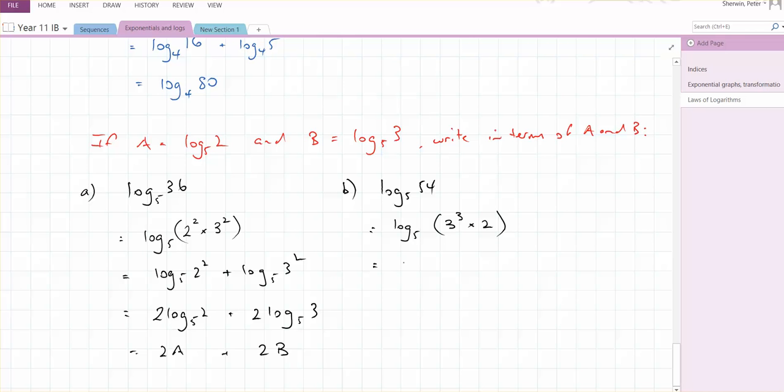That way we're utilising the 3 and the 2, so we can now split it up like so. I can then plug the left side here, so it's 3 log 3 plus log 2. Now log 3 is b, so that's 3b, and log 2 is a, so I've got 3b plus a for that.